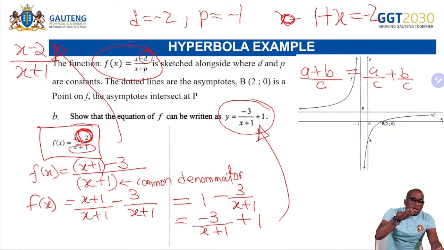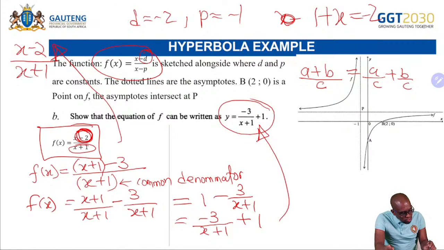Remember the method? I will write whatever the denominator is, I'll repeat it on the numerator, and then from there I'll look for a constant that I can add or subtract from the constant in the numerator that I just wrote, so that I can go back to the original given equation there.